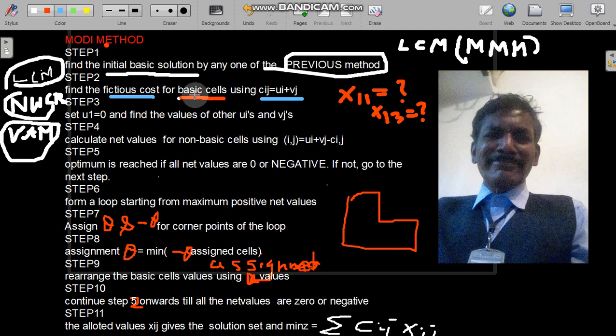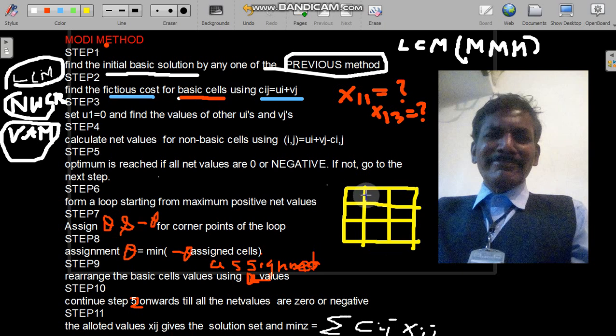There are two kinds of cells, basic cells and non-basic cells. Look at this; I draw here so that you know what is a basic cell and what is a non-basic cell. This is a transportation problem. In the previous cases, we assigned some values: how much we can transport from the first production center to the first destination, from the second production center to the second destination, from the third production center to the first destination.